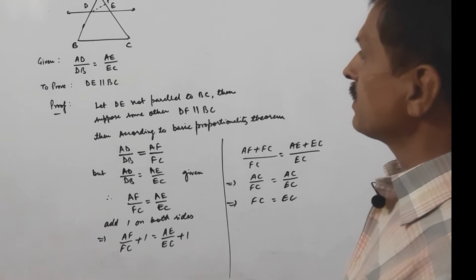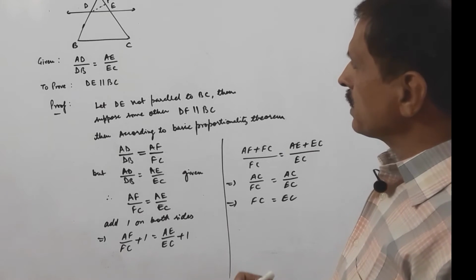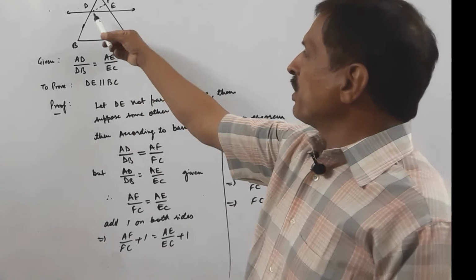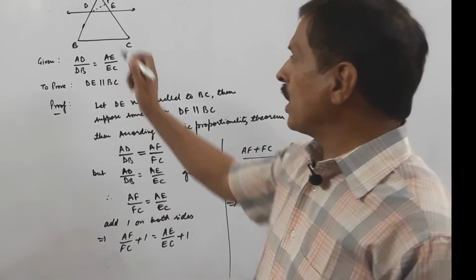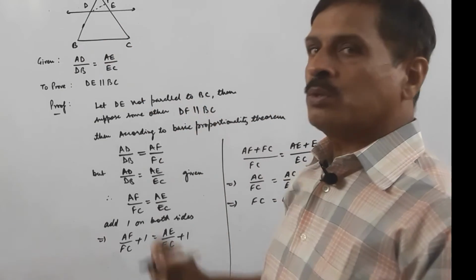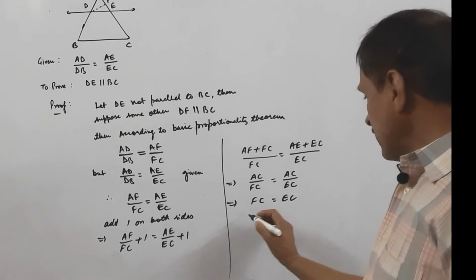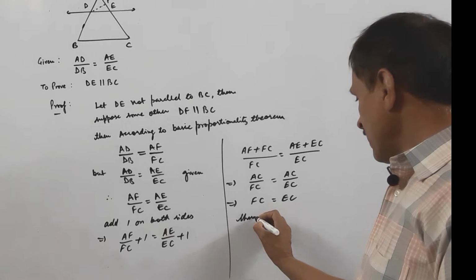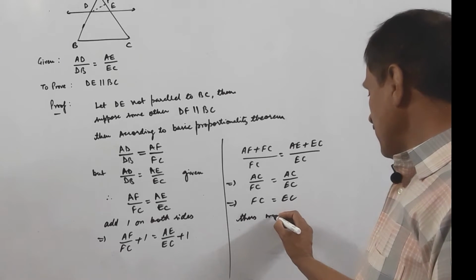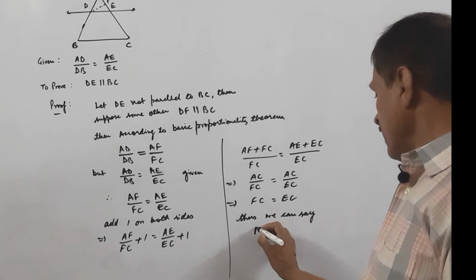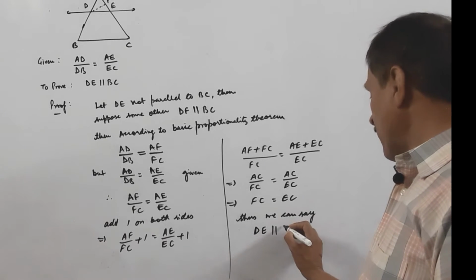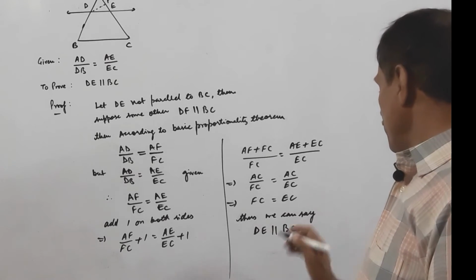Hence, we can say our supposition, that is DF is parallel to BC, is not correct, and only possible left is DE is parallel to BC. Thus, we can say DE is parallel to BC.